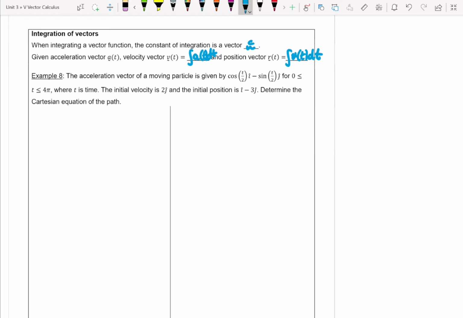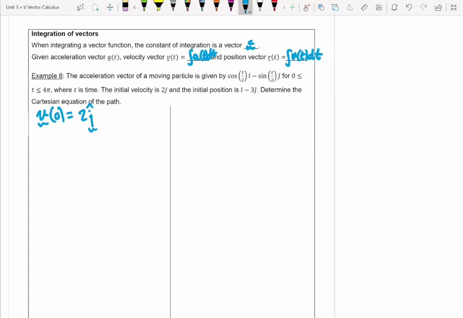So looking at that, for example 8, we have an acceleration vector of a moving particle given by cosine of t on 2 i minus sine of t on 2 j, and we're given a t-bound of 0 to 4 pi. We're told that the initial velocity, v of 0, is equal to 2j.